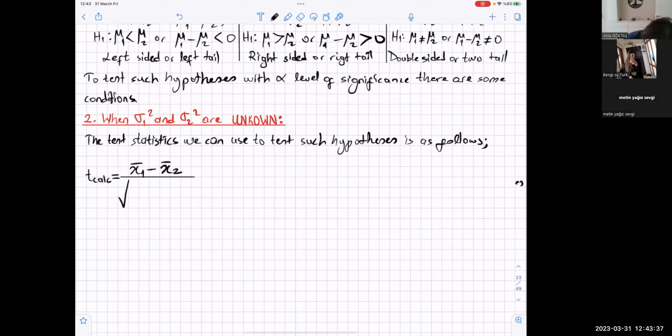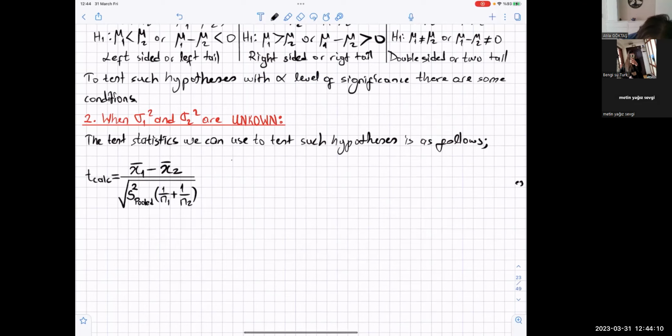Within the square root, we have S squared pooled, the pooled variance, times one reciprocal n1 plus one reciprocal n2, all within the square root.